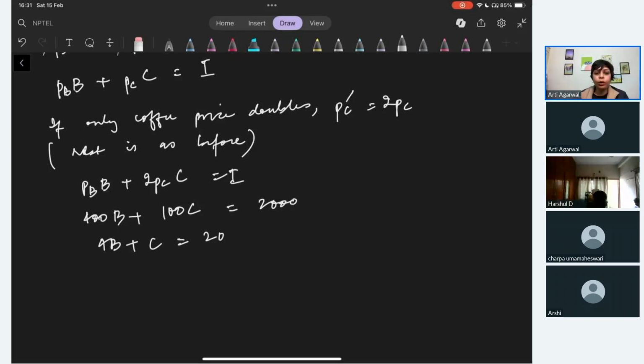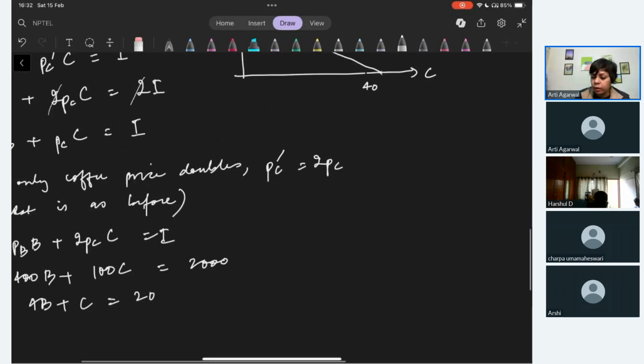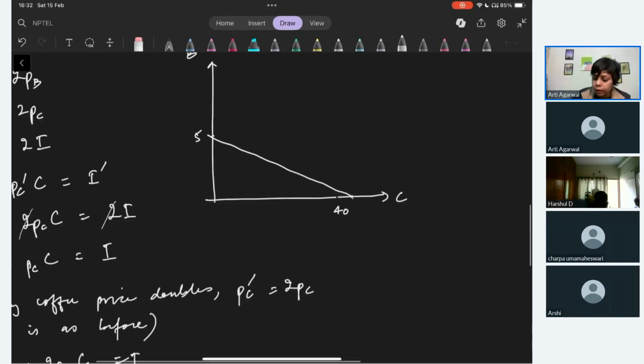And why is that? Because now you've increased the price of coffee, so for the same amount of money, you can consume half as much coffee. If the price of coffee is now $100 and you have a 2000 rupee budget, you can have only 20 coffees, whereas earlier you were getting 40 coffees. That's all it means.